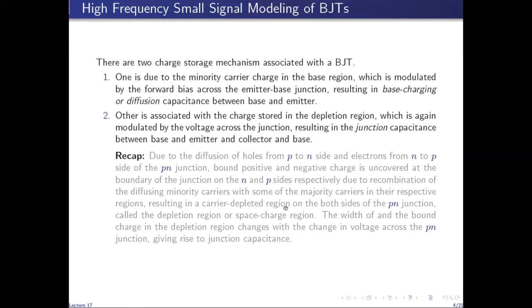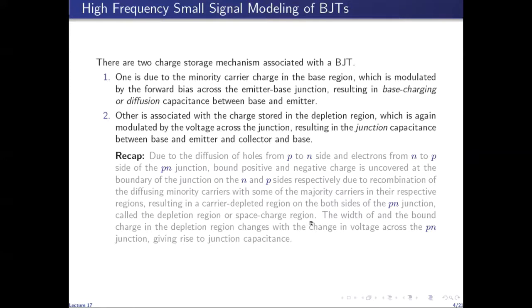It is a carrier depleted region because all the electrons diffusing towards the P side recombine with the free holes available at the boundary, and all the holes diffusing from the P side recombine with the free electrons available at the boundary. So this depletion region is a carrier depleted region, which is also called the space charge region.